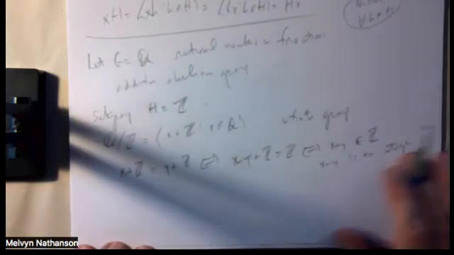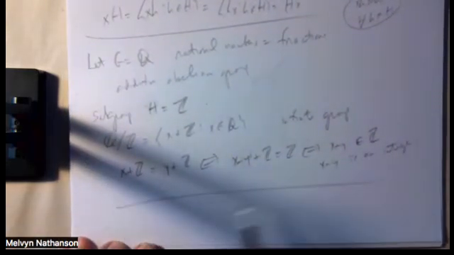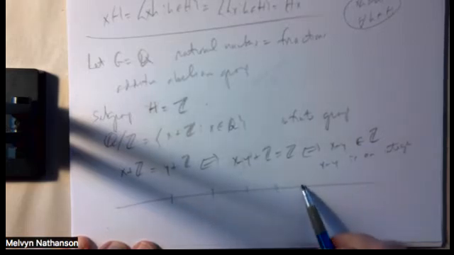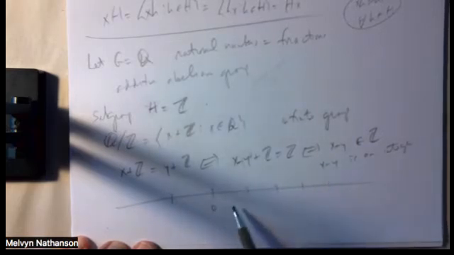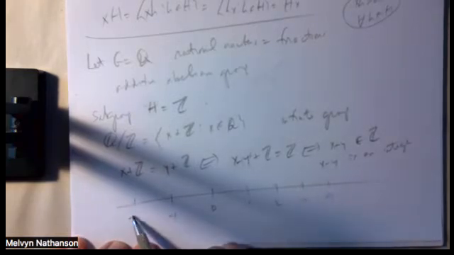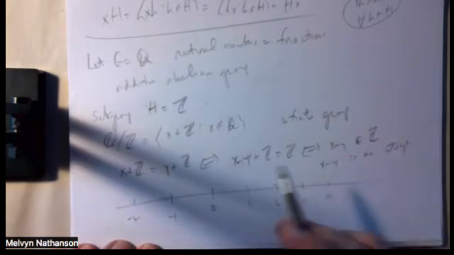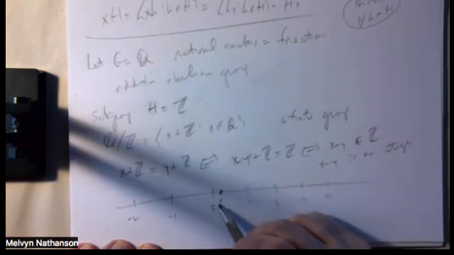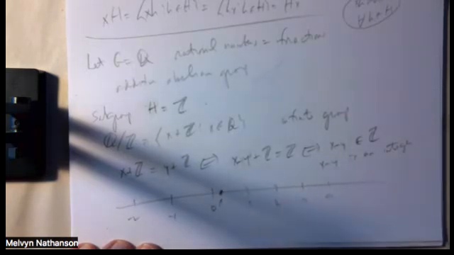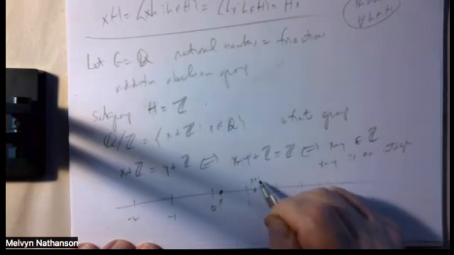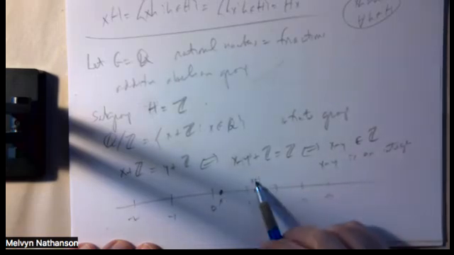And there's a pretty picture of what this quotient group looks like. So 0, 1, 2, 3, 4, minus 1, minus 2. Let's say I take a number x between 0 and 1. If I look at the number x plus 1, the difference is 1.